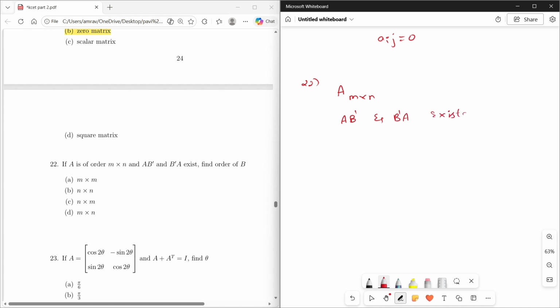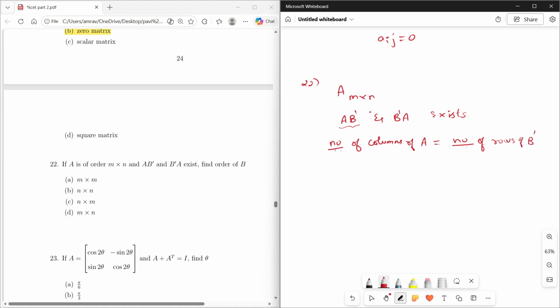So it is defined. When is this possible? When is the product being defined? When it follows one important rule, that is, number of columns of matrix A is equal to number of rows of matrix B transpose.